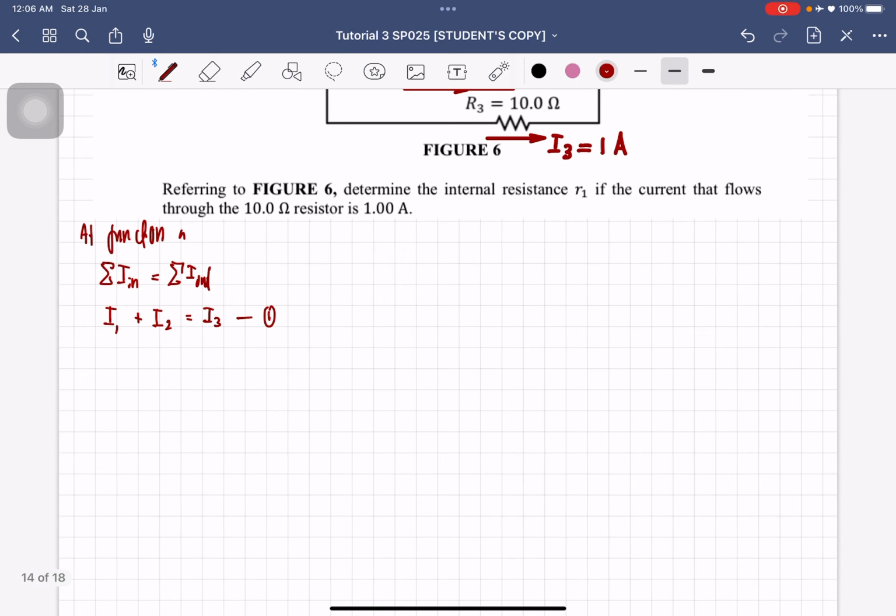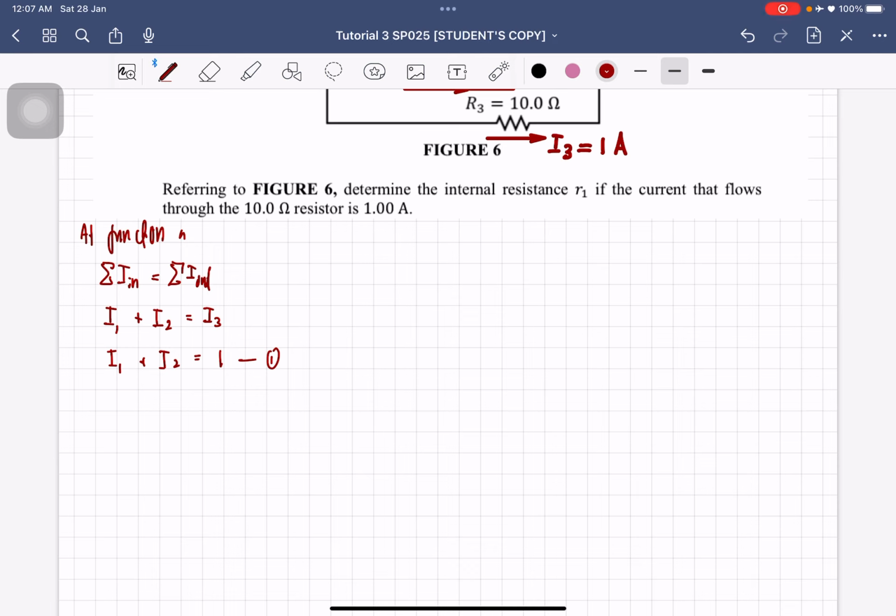It's up to you whether you want to substitute the value directly, but I wouldn't do the substitution yet, because I like to keep it. Oh, actually for this one, it is much easier if we substitute it directly, because there are too many unknowns, so it is a bit difficult if we keep it as unknown.